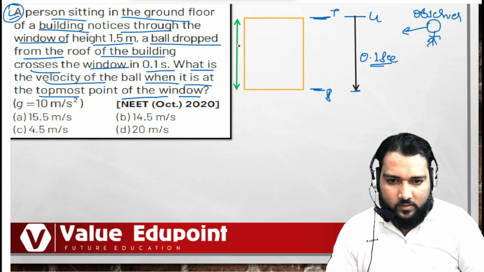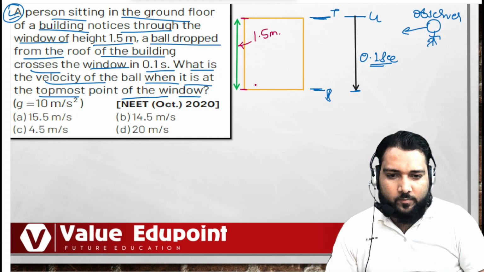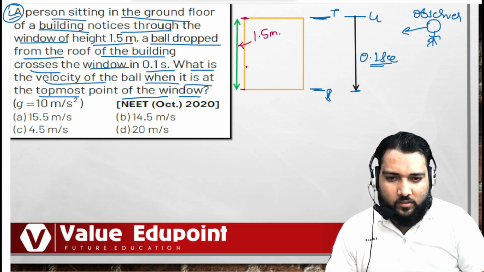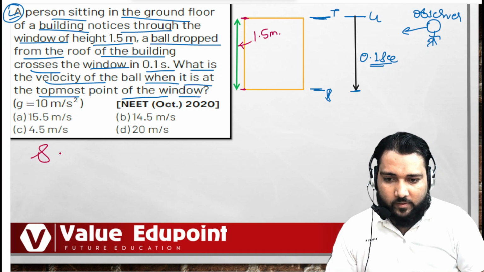So assume in this problem that this is the initial velocity, this is the final velocity. With the initial velocity, the ball covers a 1.5 meter distance. So we will use the second equation of motion, s equals ut plus half at square.